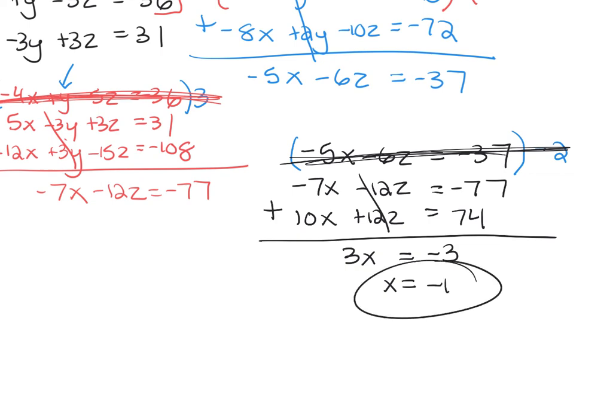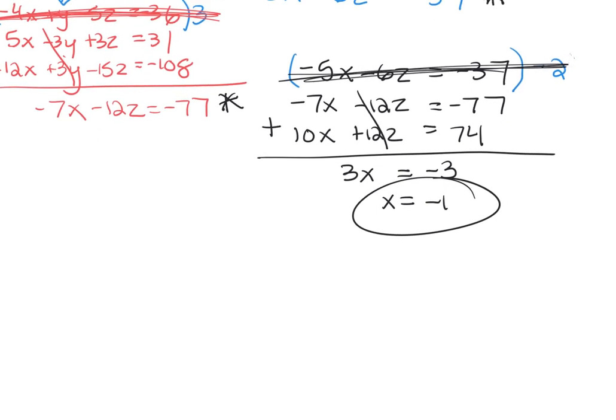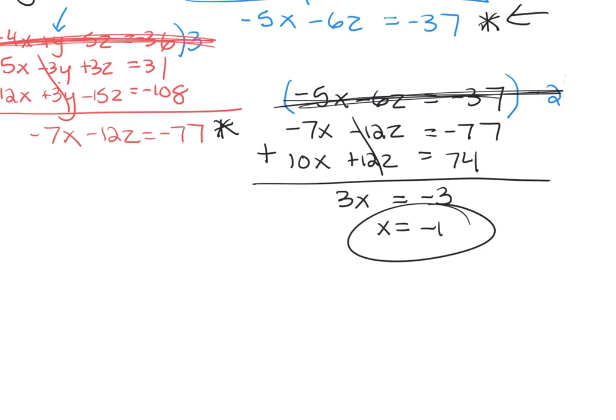All right, so now what can I solve? I can find z using this equation or this equation. So I'm going to use the first one that we found. Okay, so I've got negative 5x minus 6z equals negative 37.